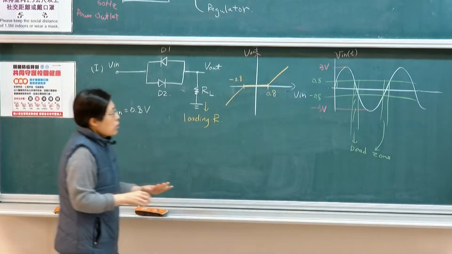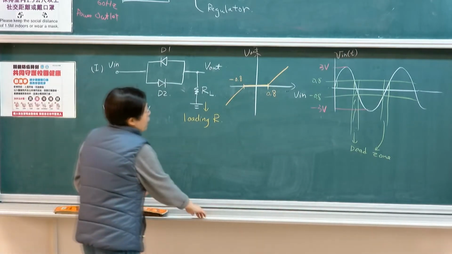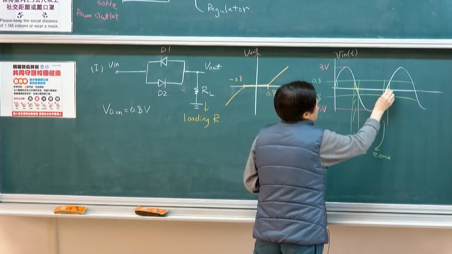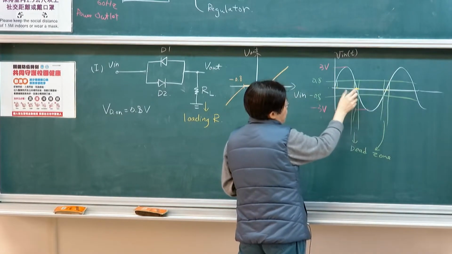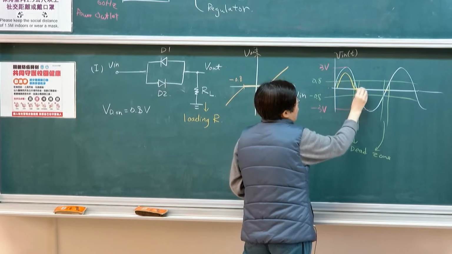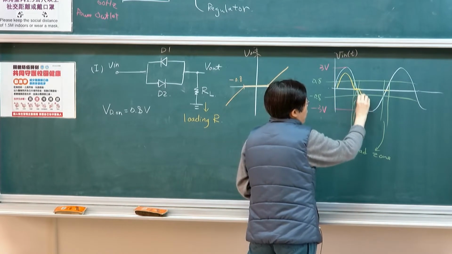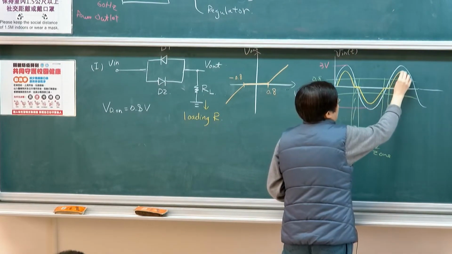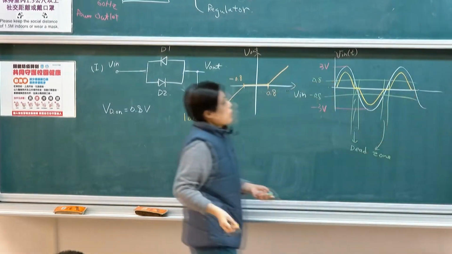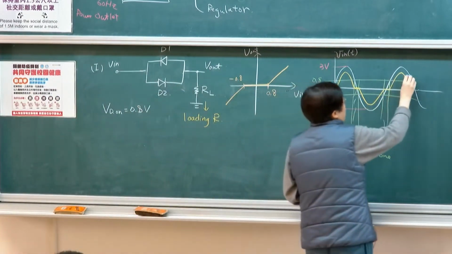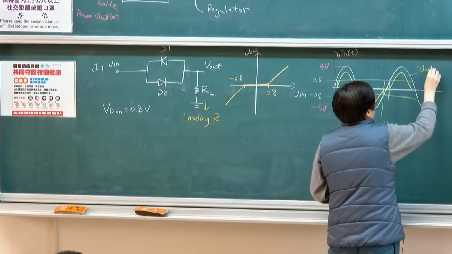It's within the dead zone, so it's flat at the output. But when it passes, it will be offset by 0.8. So it follows only when it passes the dead zone. Okay, you should be able to plot. The yellow will be your V out.